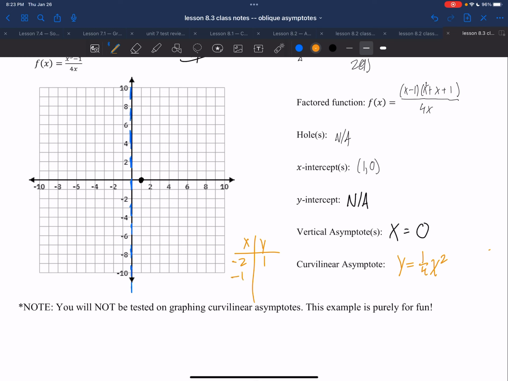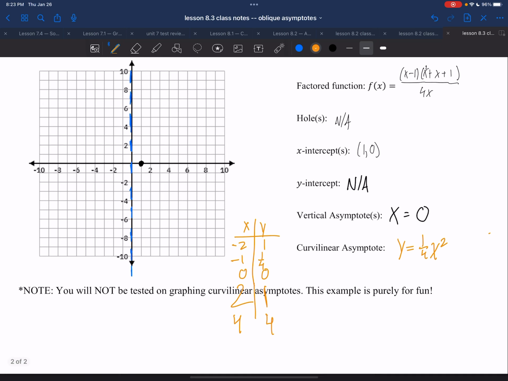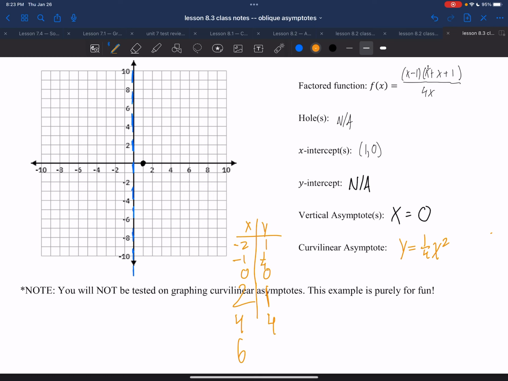Negative 1 squared times 1/4 is just 1/4. 0 is 0, and I'll use symmetry to get the others. 3 squared gives a fraction, I don't want that. 4 squared, though: an input of 4 yields an output of 4, because 16 times 1/4 is 4. Can I get away with 6? I can. 6 squared is 36 times 1/4 is 9.